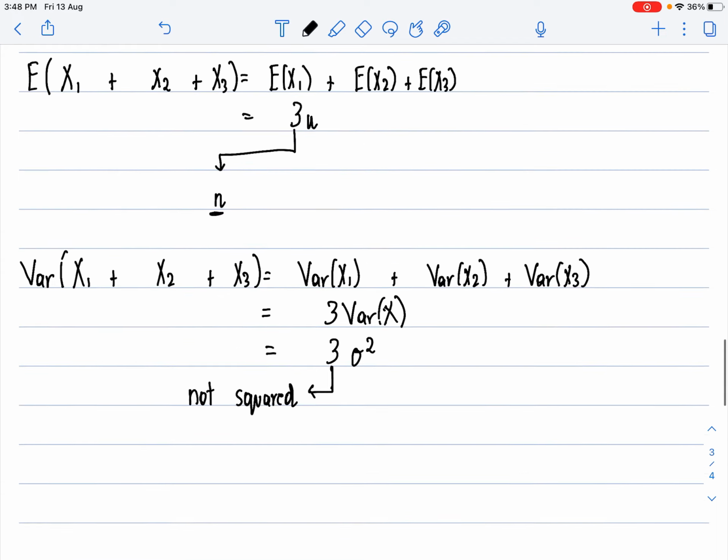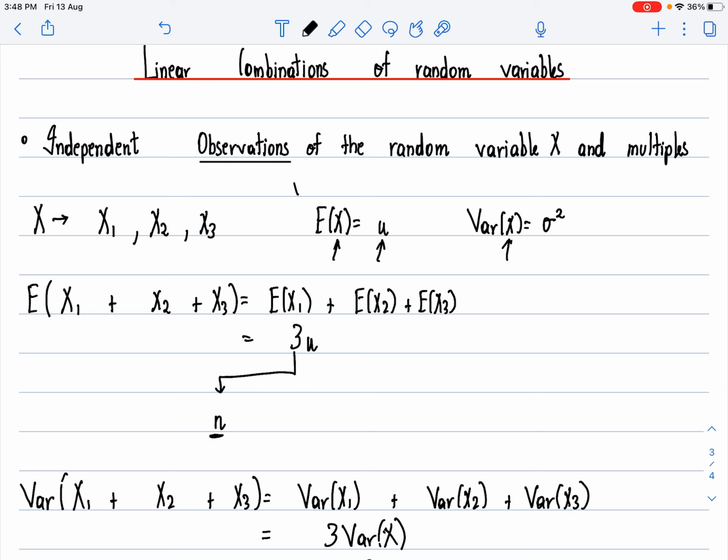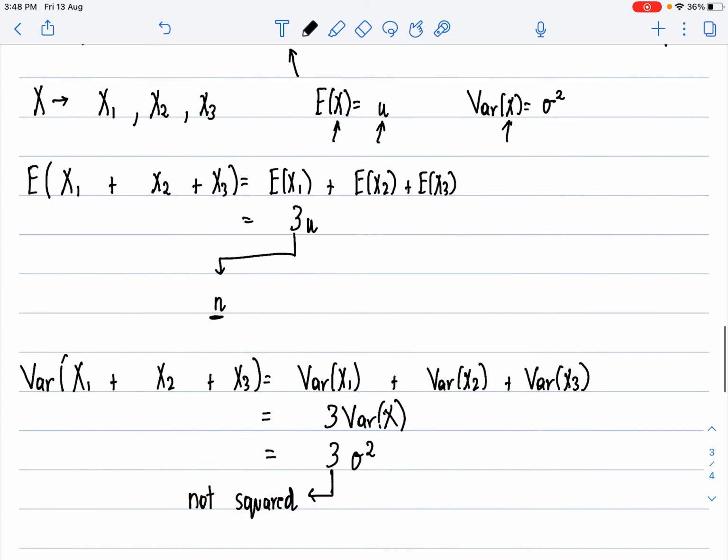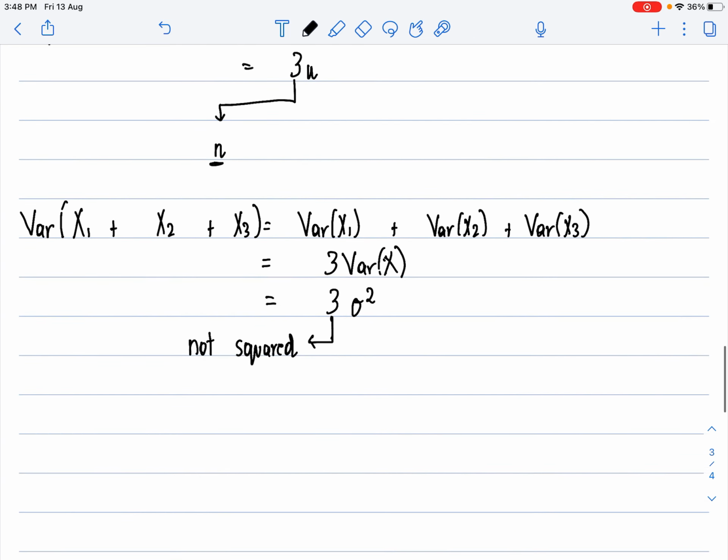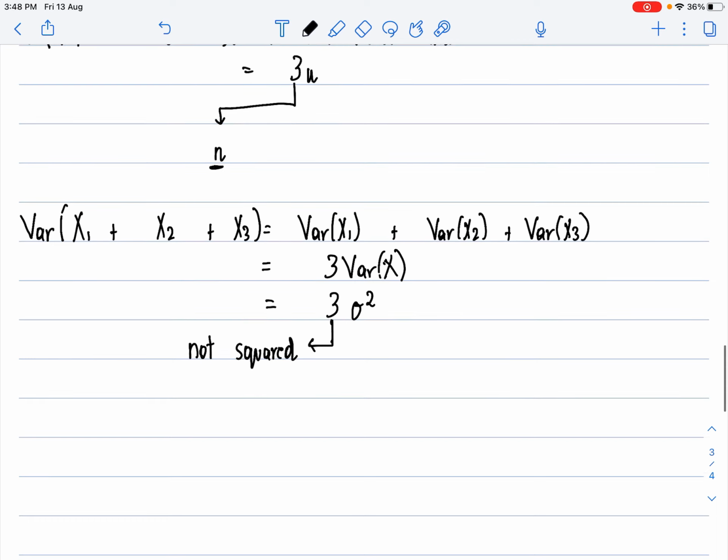But whenever you have independent observations, you don't need to square the constant which you multiply. This is very important to remember. This is only for independent observations.